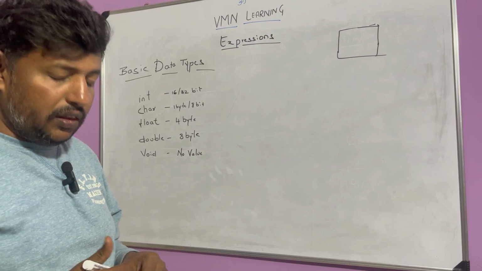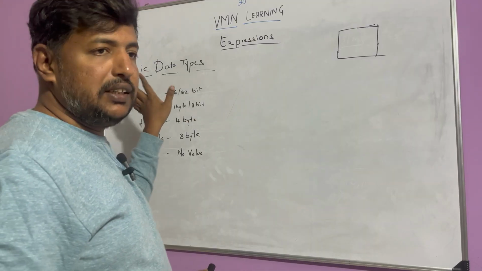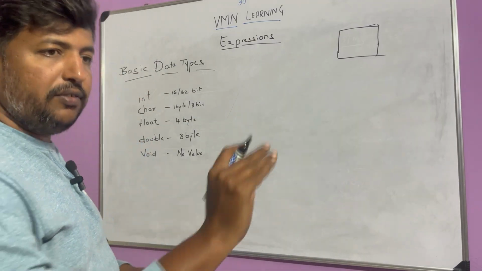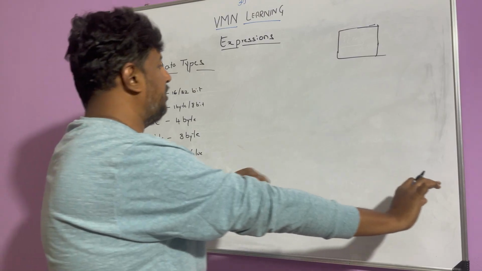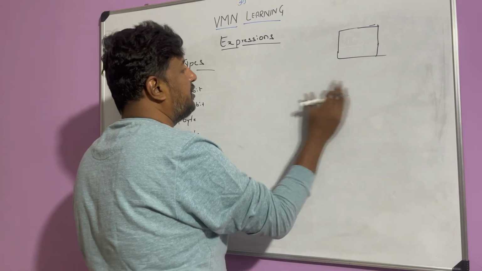To solve the problem, we got the data types. We are saying int. So what is happening here? Let me take an example of a 16-bit system.